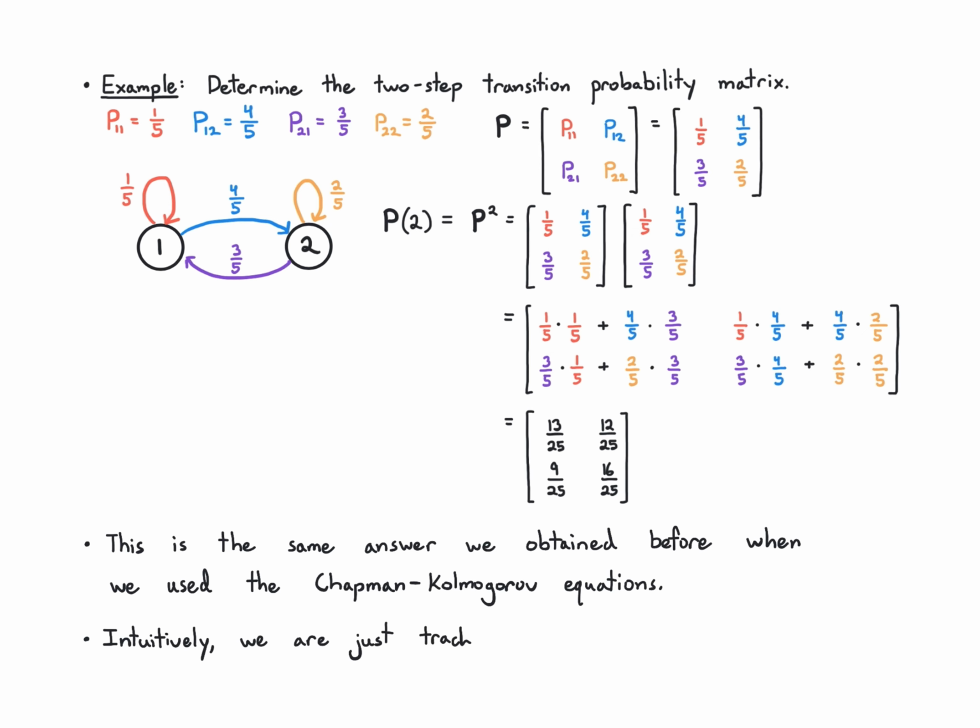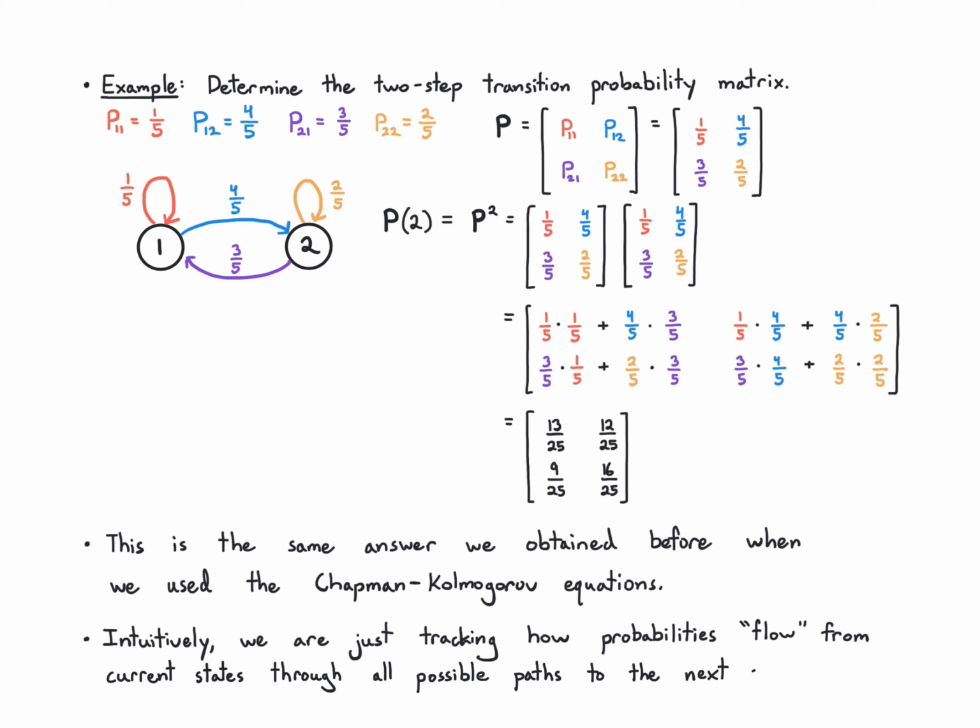So all that's happening is in both cases, we're just tracking how probability is flowing from the current state through all possible paths that lead to the next state which we're interested in. So in this case, every path is possible. If I start at 1 and I want to know the probability of going to 2 in 2 time steps, I could stay on 1 and then jump to 2, or go to 2 and stay on 2. And I just have to track how all those probabilities flow.